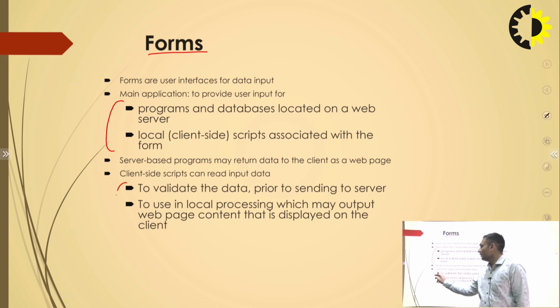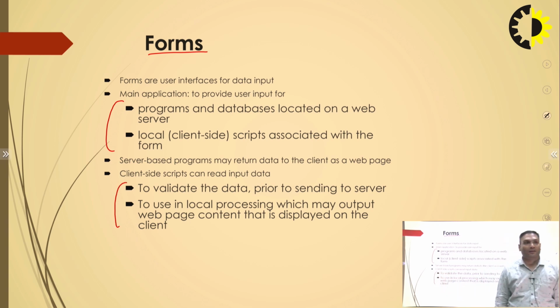So these are the two things that we can do with client-side scripting like JavaScript. We can validate our data before processing it, and we can apply local processing on that form data.